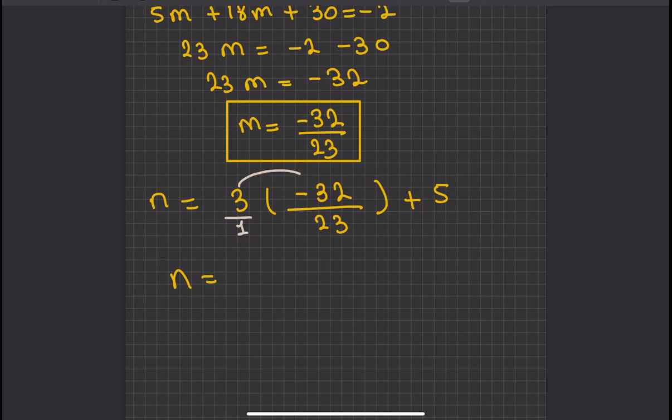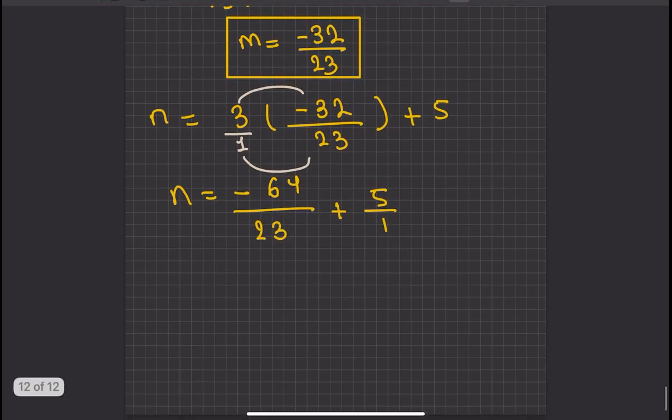So it's going to be 3 times minus 32 and 23 times 1. So here we have minus 96 divided by 23 plus 5 over 1 and equals.